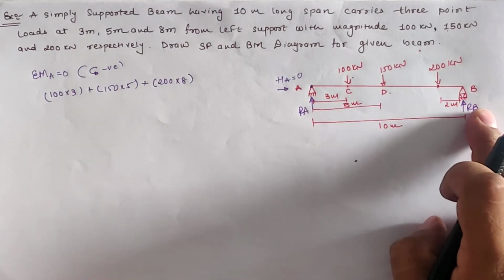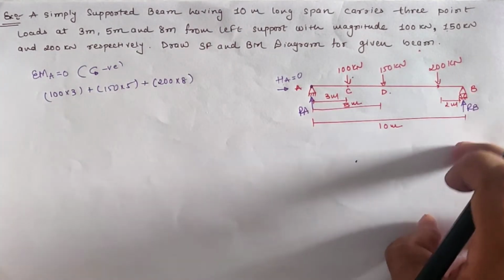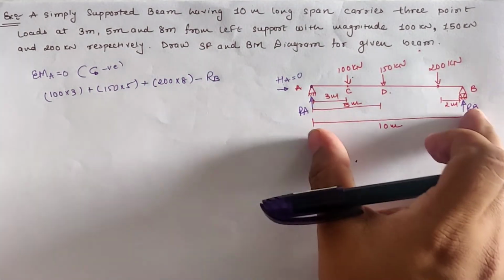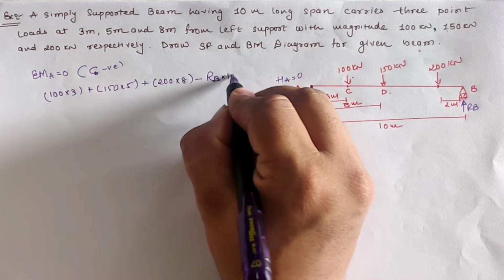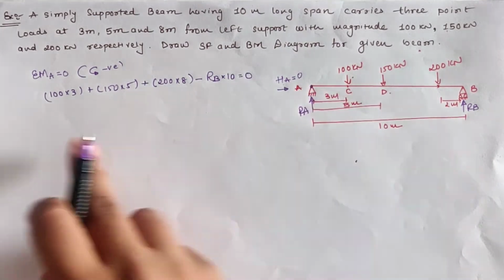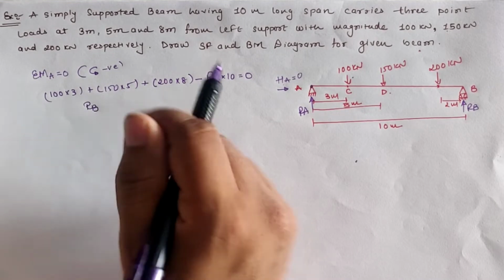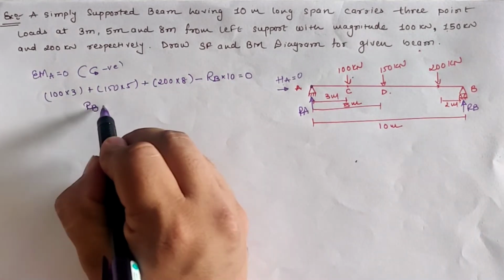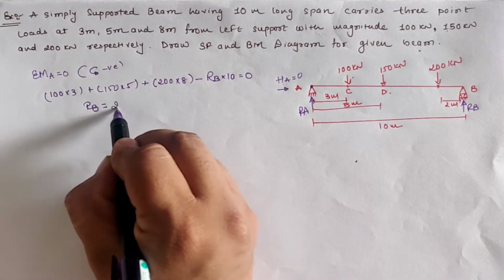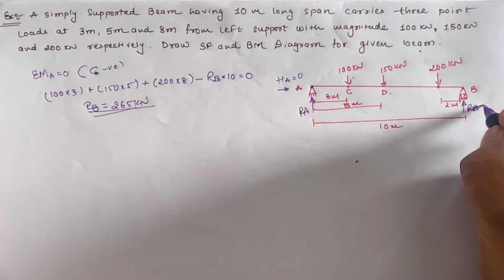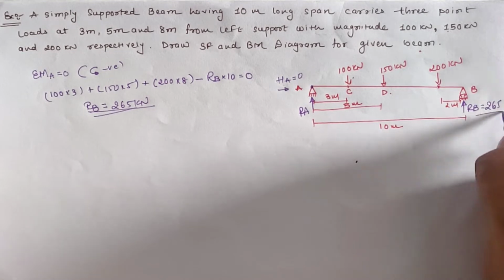Due to RB in the assumed upward direction it creates anticlockwise moment, so it is minus RB into the total distance of 10, which must be equal to 0. Now solving this we have the reaction at location B as 265 kilonewton. So our value of RB is 265 kilonewton.